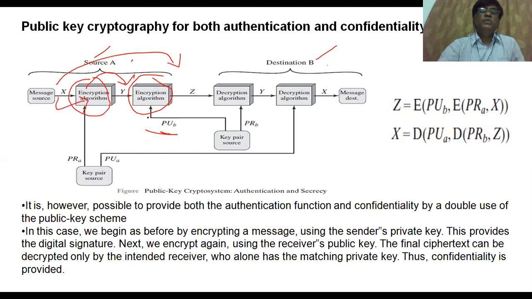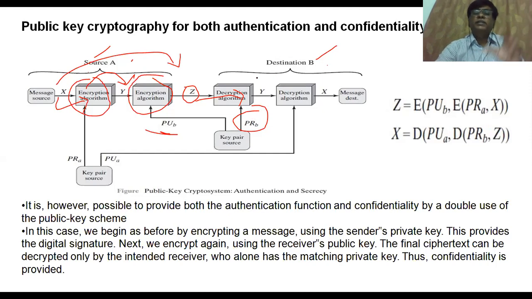One is encrypted by using the sender A's private key, and again it was encrypted by using B's public key. Now B received the ciphertext Z. Now that Z is opened by using the private key of B only.